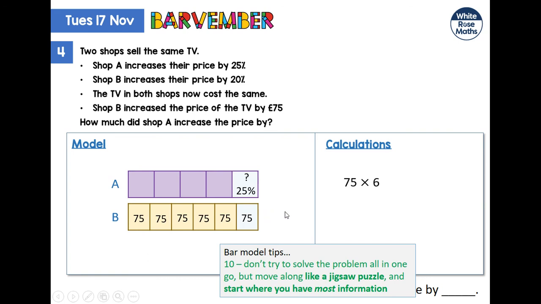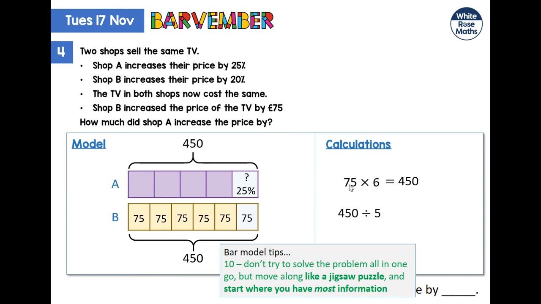So let's multiply those up and see what the total is. Good. Now, as long as we've drawn our model carefully and put some thought into reading the question, we know that our bar for A is the same length as our bar for B. And I'll let you follow through the maths as we finish off here.